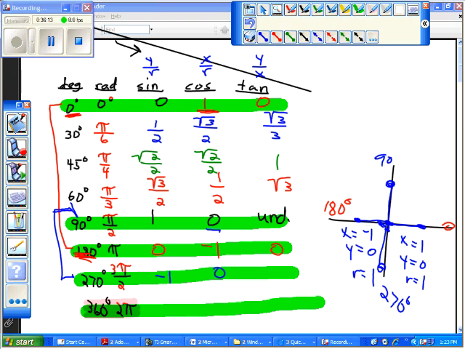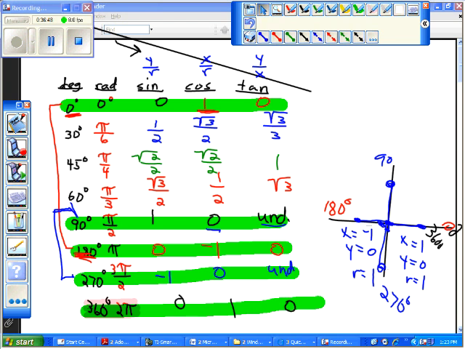The tangent of 90 was undefined, and the negative of undefined is still undefined. 360 degrees is the same as 0. It's not like we're going to change the sign. 360 degrees and 0 degrees are the same. So all we're going to do is put in what we had for 0, which is 0, 1, and 0.